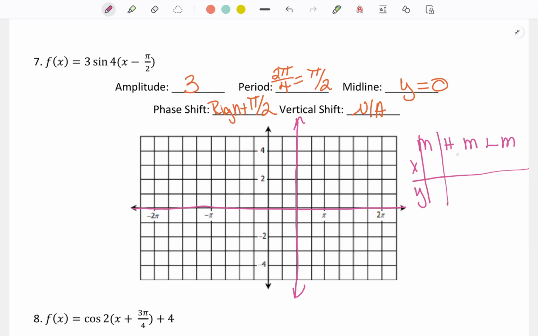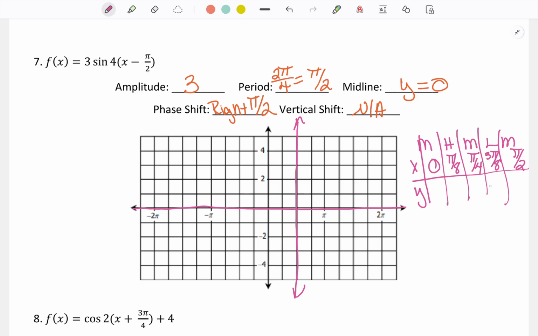And then for x and y, so we start out at 0 and then we end at pi over 2. So that means our next middle is at pi over 4, which is 1 block, because our period is only 2 blocks wide. So that means that halfway through a block at pi over 8 will be at the high, and then at 3 pi over 8 we will be at our low.